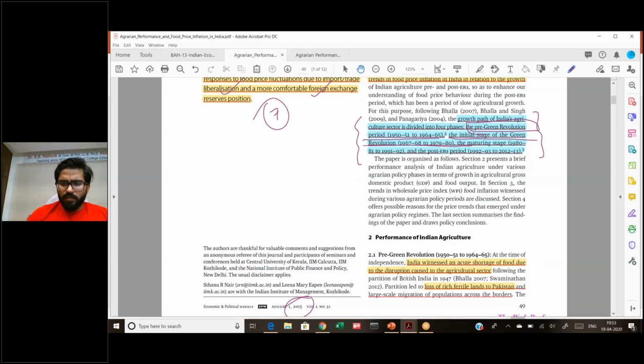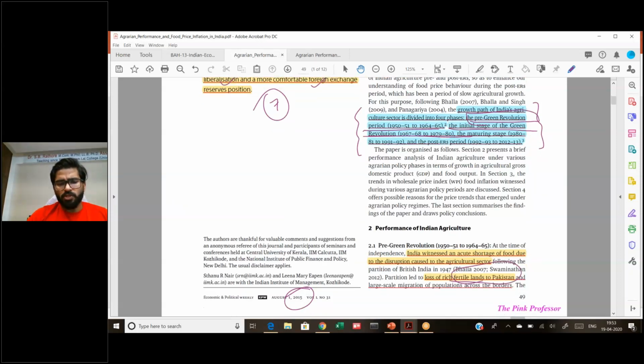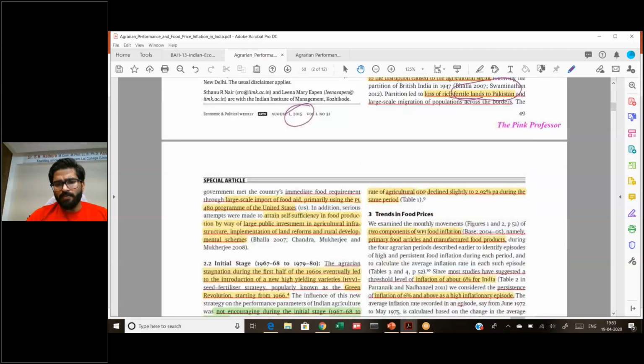So because of that, the output was perhaps lower than expected. Apart from that, to fulfill our domestic requirements, we had to resort to a lot of imports, and there were large scale imports being done from the US, under a program called PL 480. This was the program.